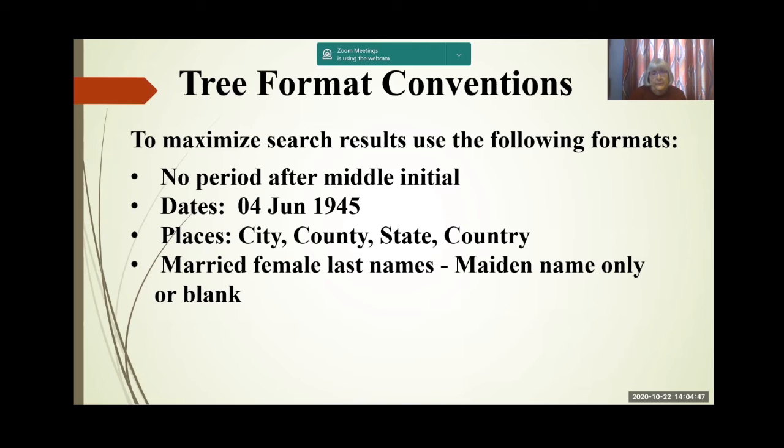This will help software search through and find the correct birth dates and death dates. If you use a number for the month, some people put the month first, some people put the month second. It's hard to tell the difference if it's 12 or under. Places should be city, county, state, country, and for married females, last names use maiden or blank.